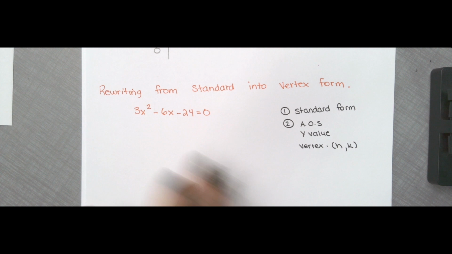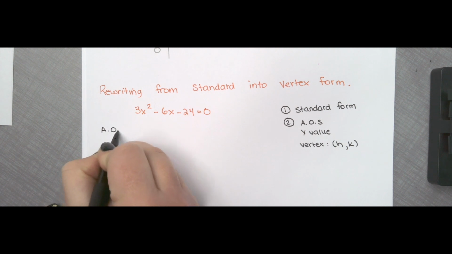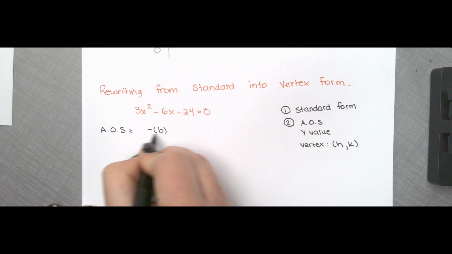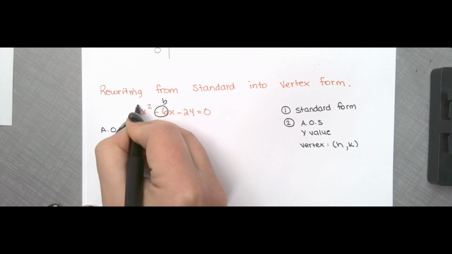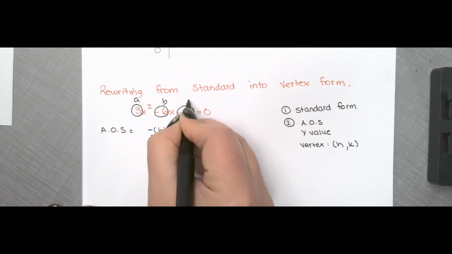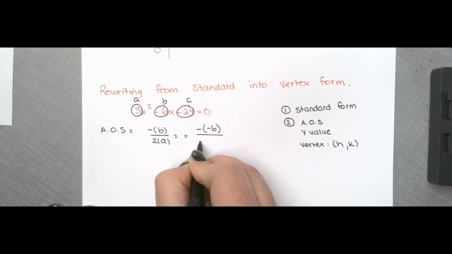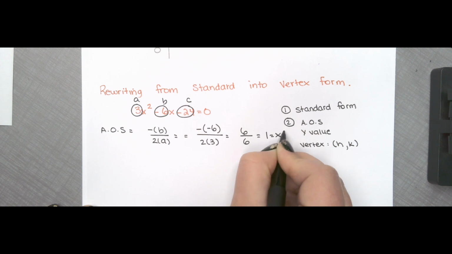So let's do that. Standard form, this is in standard form. Step number 1 is done. Step number 2, axis of symmetry. Axis of symmetry, just like we did above, is -b divided by 2a. Here's your b, here's your a, here's your c. -b over 2a gives us +6 divided by 6, which gives us an x value of 1.